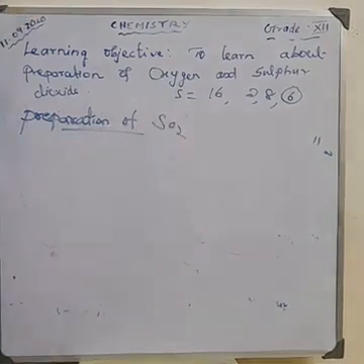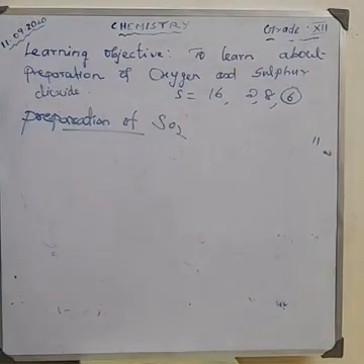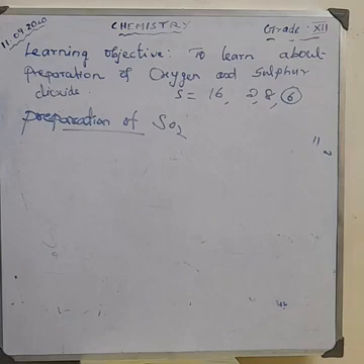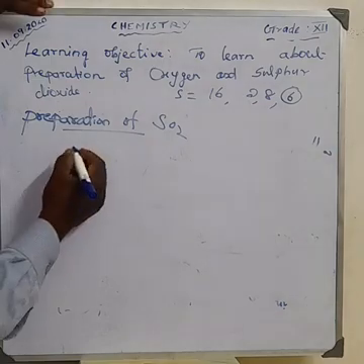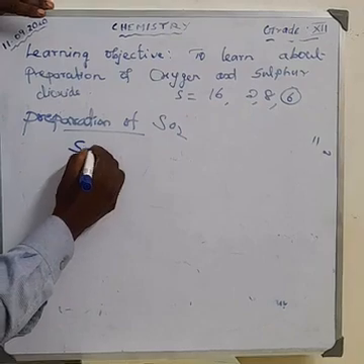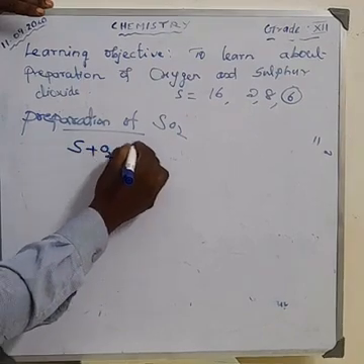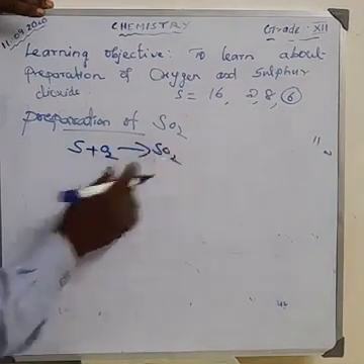SO2. How can we prepare sulfur dioxide? Okay, this is a question. By burning sulfur in oxygen to form sulfur dioxide. This we already learned in the lower classes.